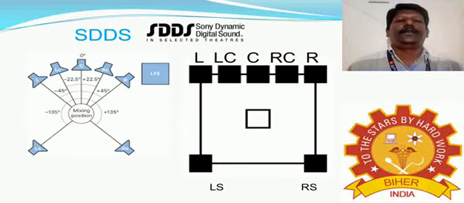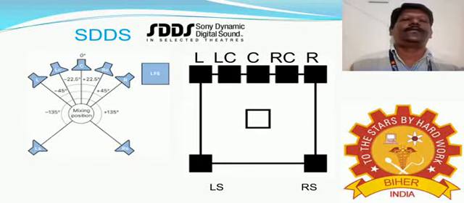Subwoofer or low frequency emitter, both are the same, and it also has left surround and right surround. So it's a 7.1 format. It has 7 main speakers and 1 subwoofer.